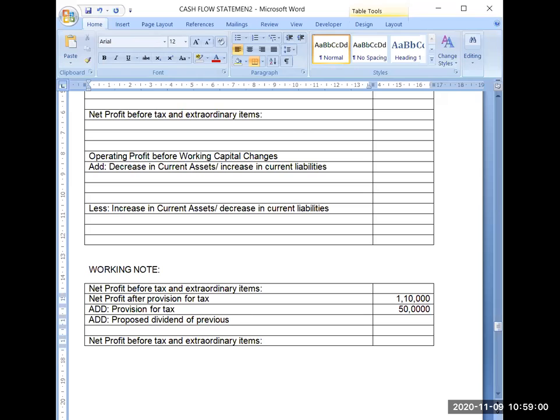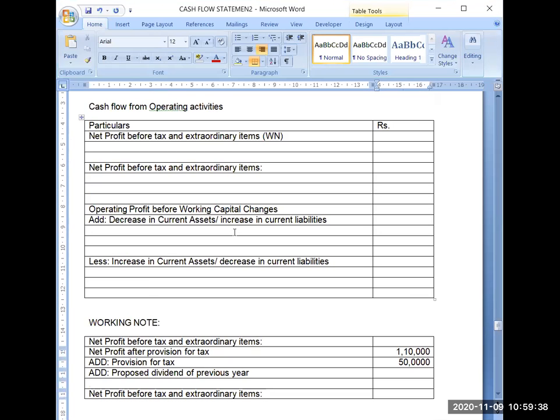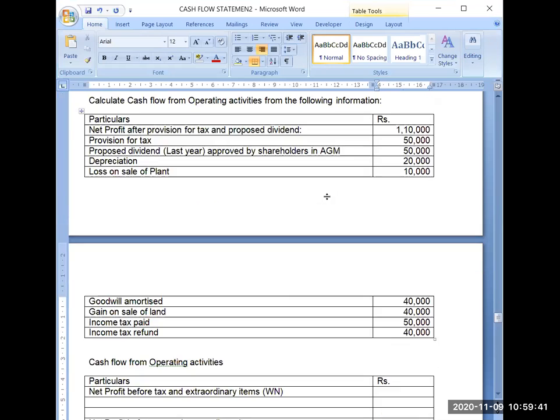If current year proposed dividend is given, that need not be considered. Now proposed dividend of previous year, it is 50,000 again.